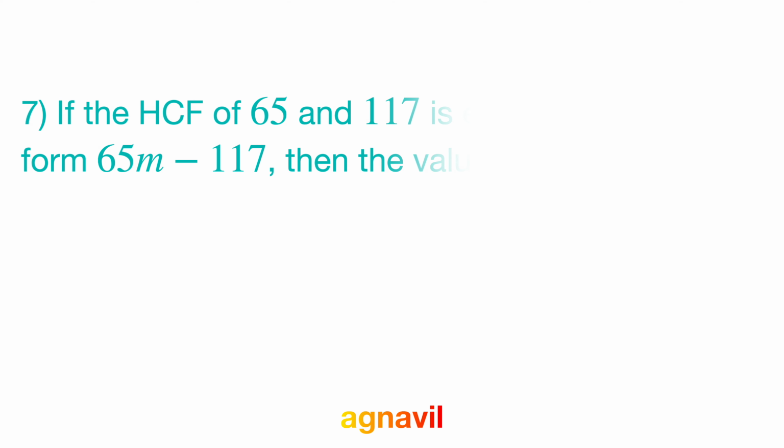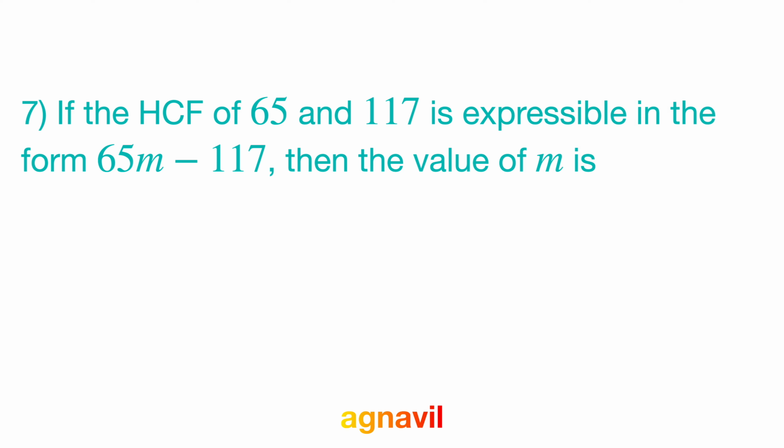Okay, we move to the next question: if the HCF of 65 and 117 is expressible in the form of 65m minus 117, then the value of m is. We can start this problem by first finding the HCF of both the numbers, starting with 117.